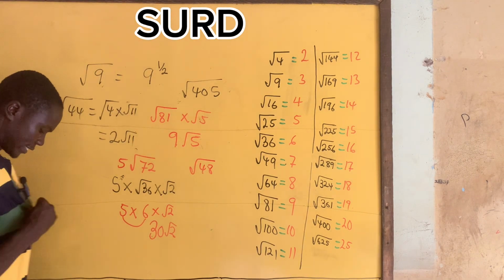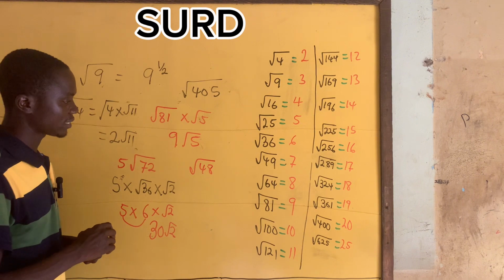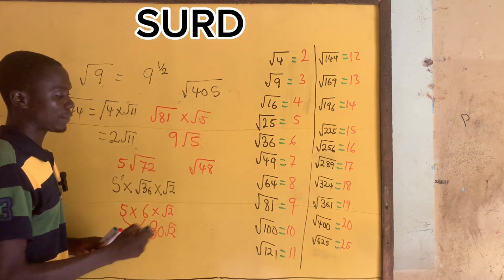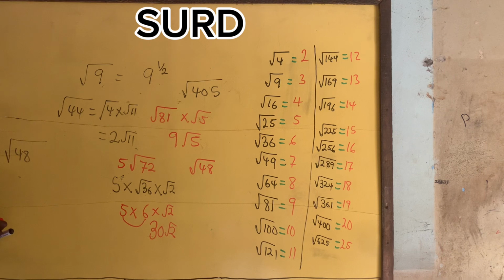Now, let's see. If I have 48, you see that 4 can divide 48. 4 times 12. So, square root of 48 can be written as square root of 4 times square root of 12, which is the same as 2 times square root of 12.